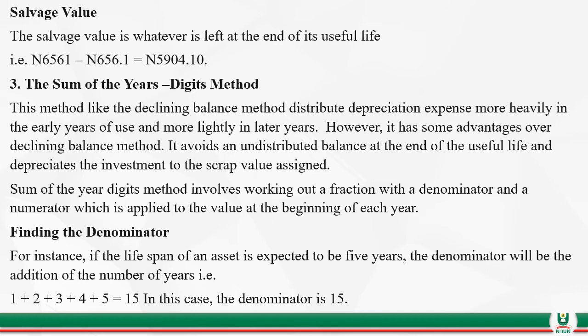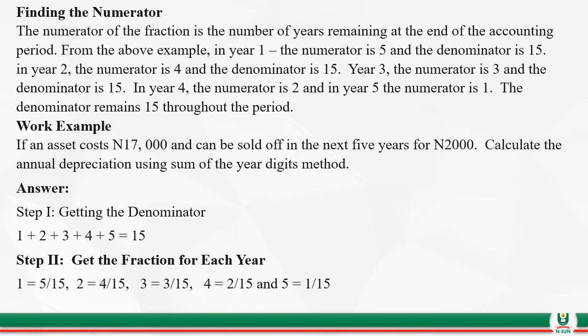Let's see how we get the numerator. The numerator of the fraction is the number of years remaining at the end of the accounting period. From the above example, in year 1, the numerator is 5 and the denominator is 15. In year 2, the numerator is 4 because you subtract one, and the denominator is 15.